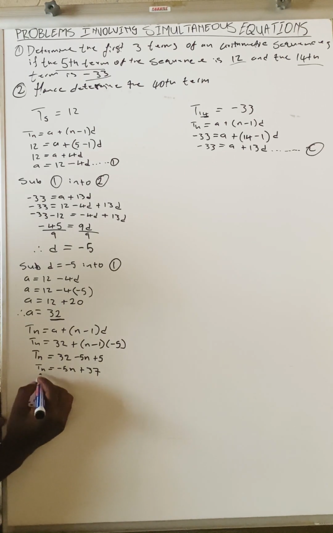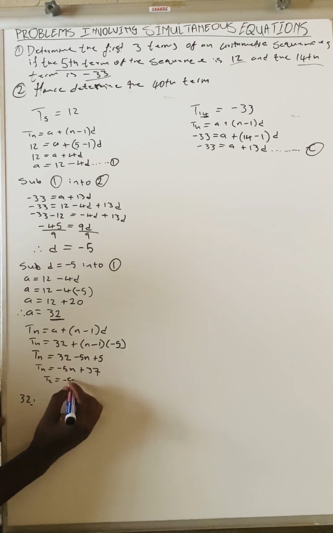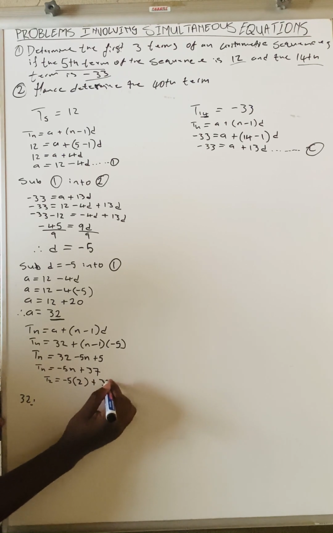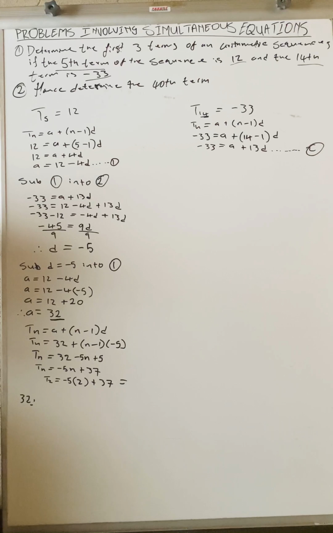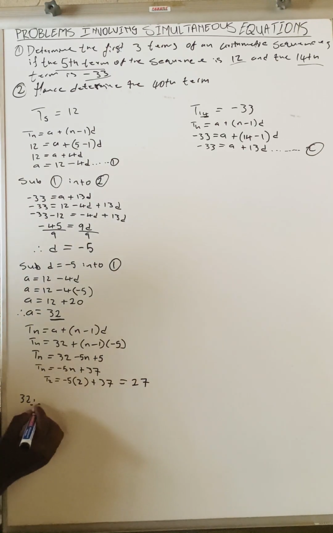Then from here, you can just say T2 is equal to negative 5 times 2 plus 37. Then you will get what? You punch the calculator, you will get 27. Then T2 is 27.